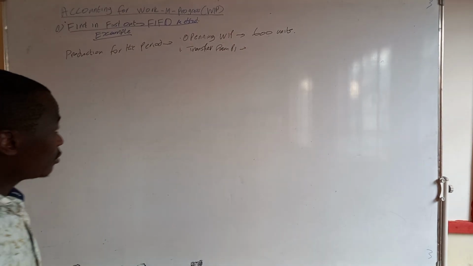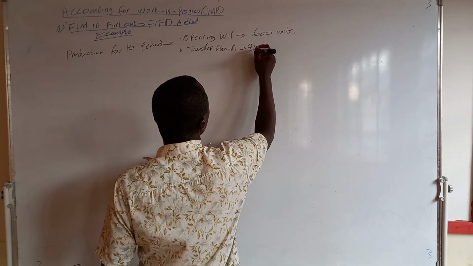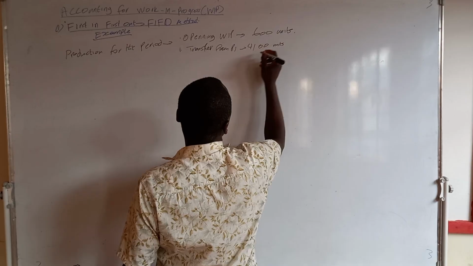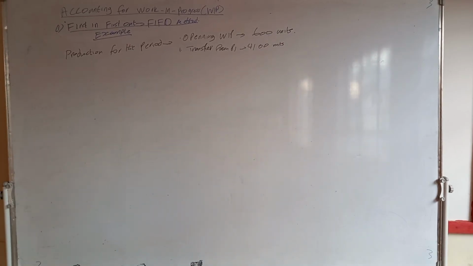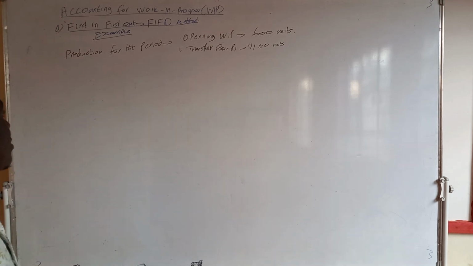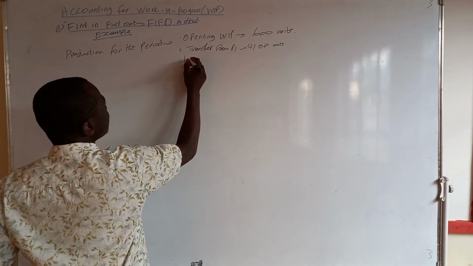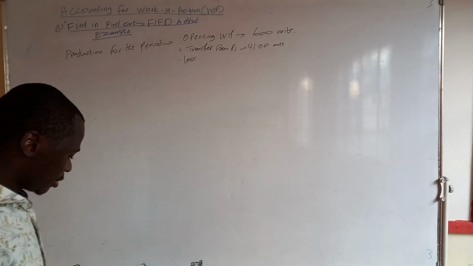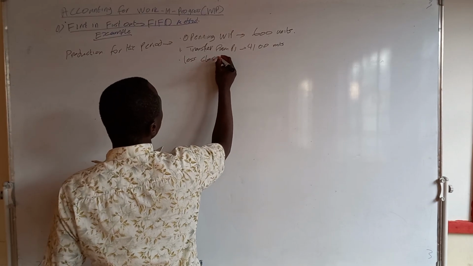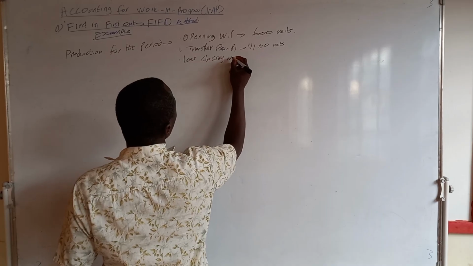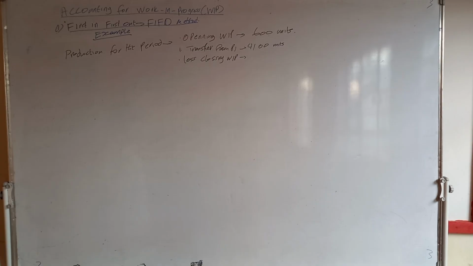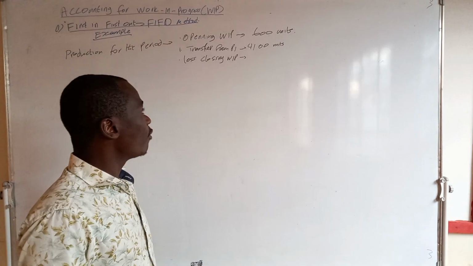You are given 4,100 units. Then we less closing work in progress, what we had not worked on fully at the end of the period.